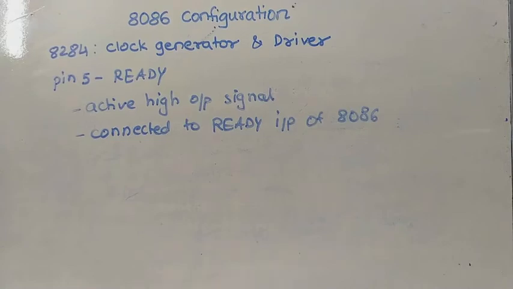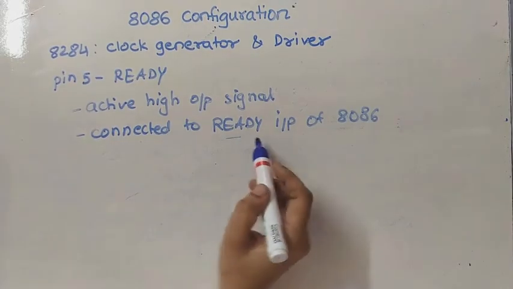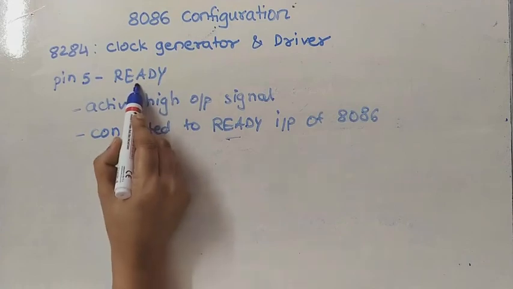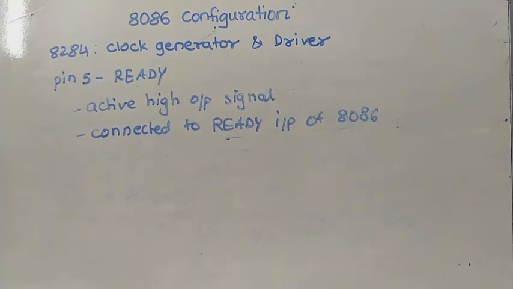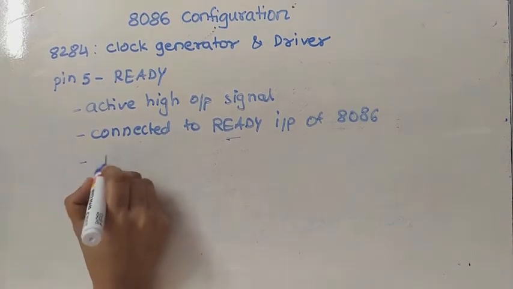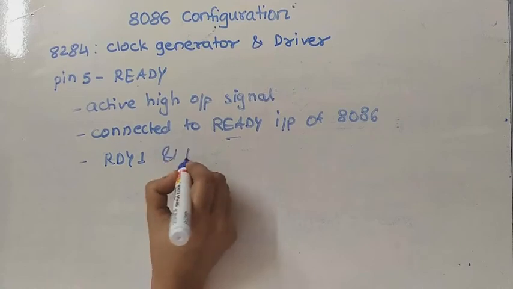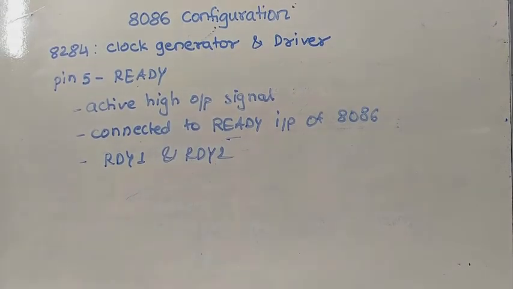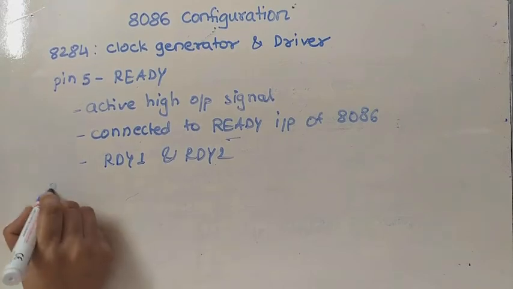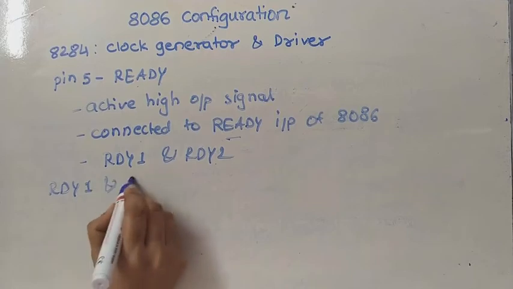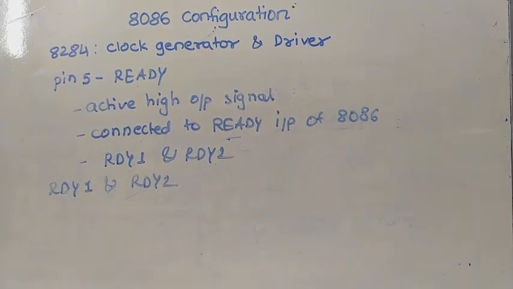In 8086 we have the pin ready, and to that ready pin, the ready pin of the clock generator is connected. This is synchronized with two ready input signals, that are ready 1 and ready 2 of 8284. This is pin number 5. Next pins are ready 1 and ready 2, the input signals available from the external devices on pin number 4 and 6 respectively.